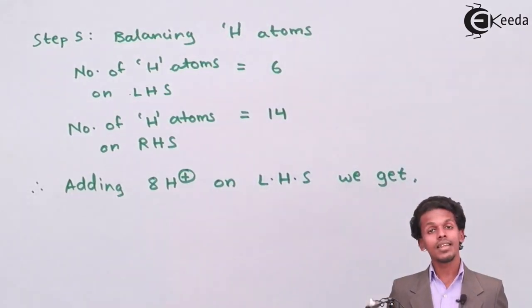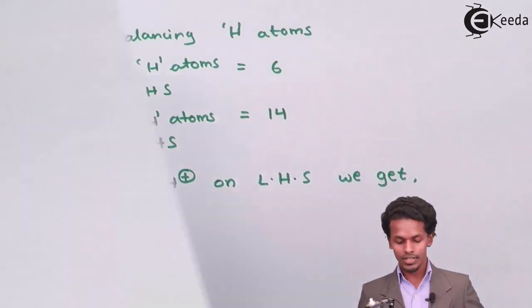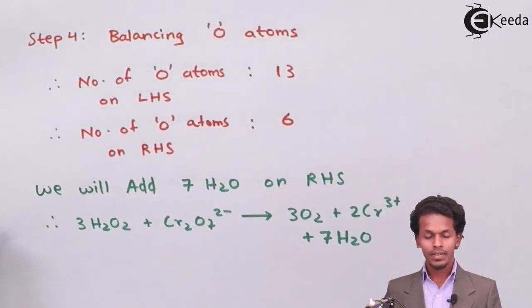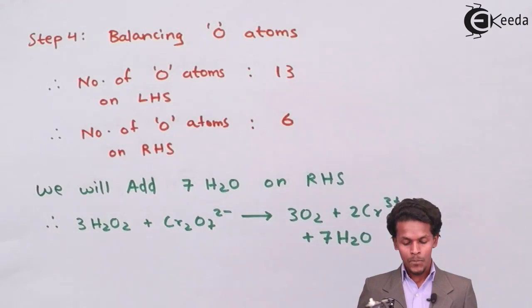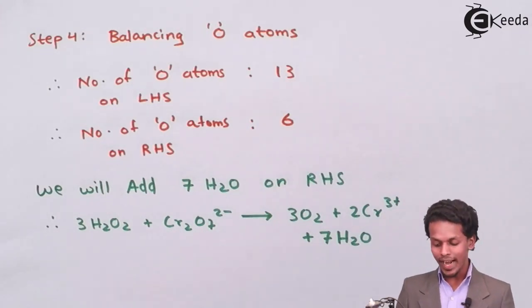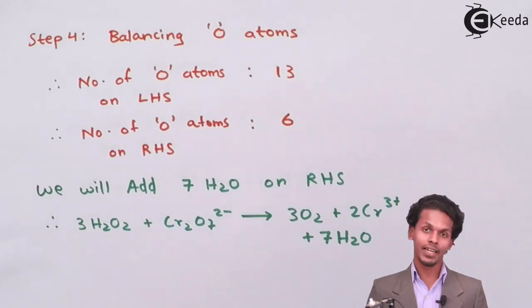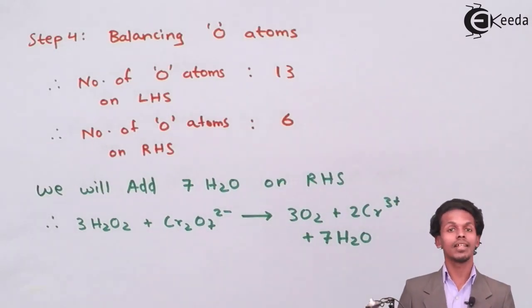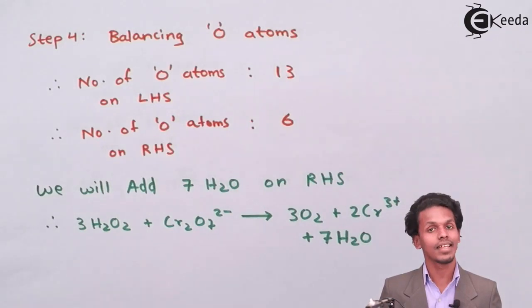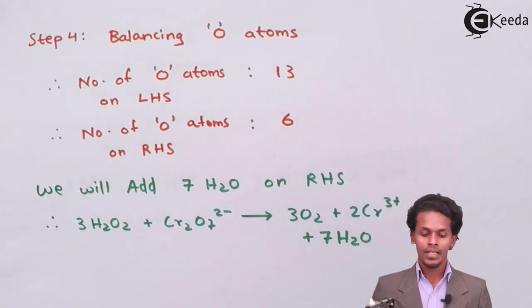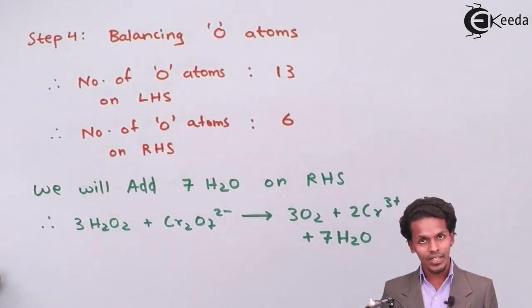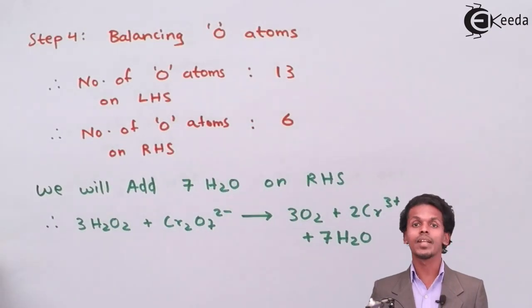the recent equation that we have balanced was this one. So what we are going to do is add the H plus ions on the reactant side, and again H plus ions means we are making it an acidic medium. So we'll take the reference of this equation and balance it.